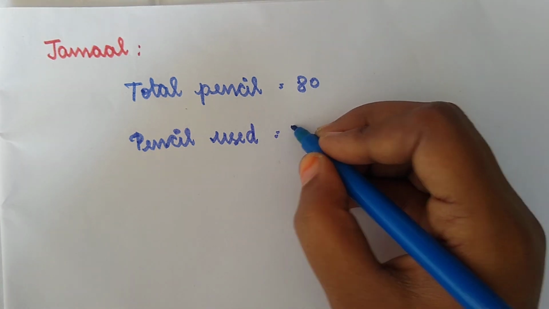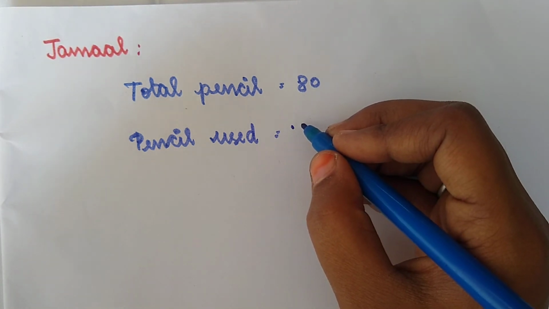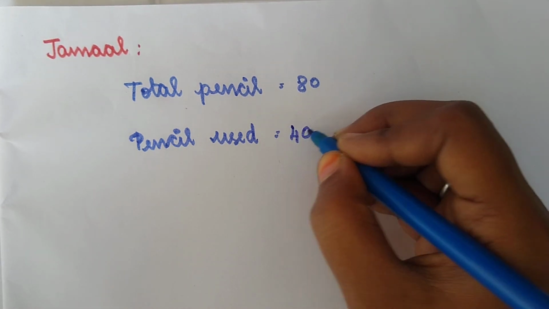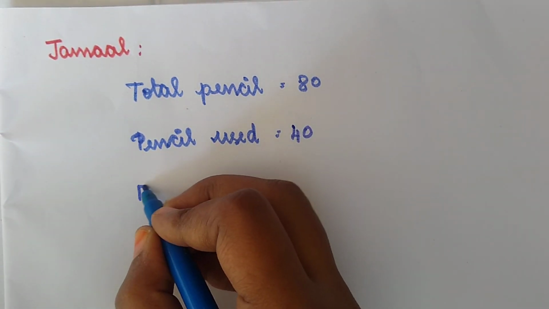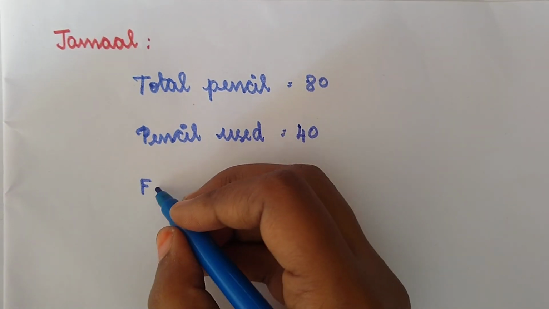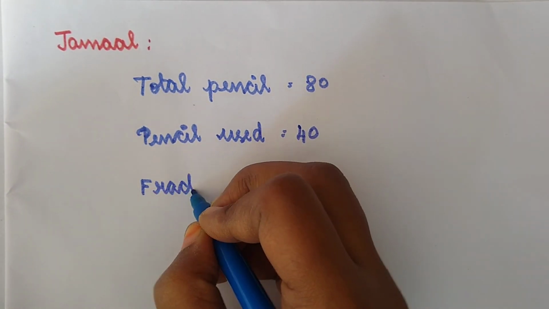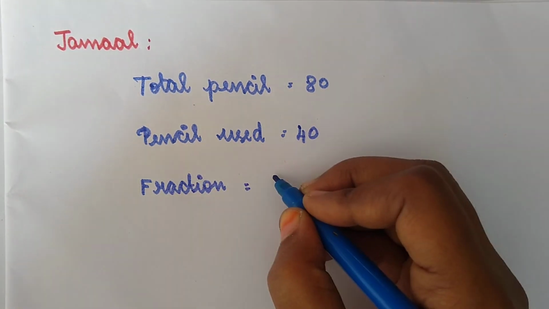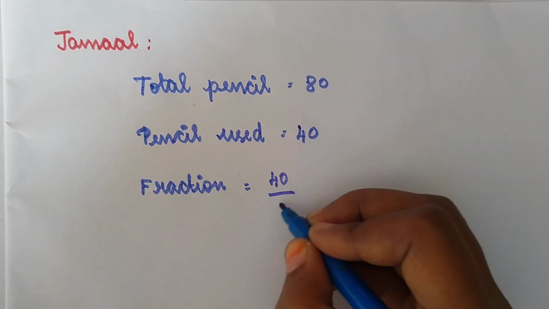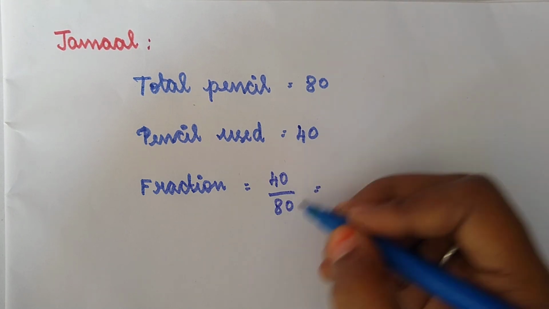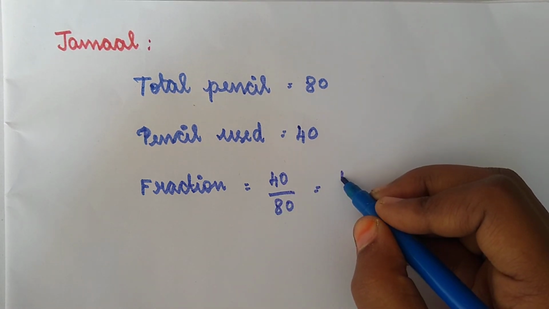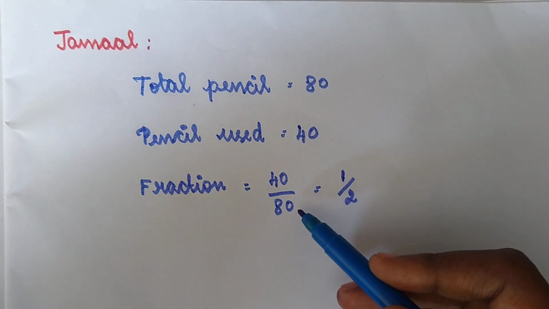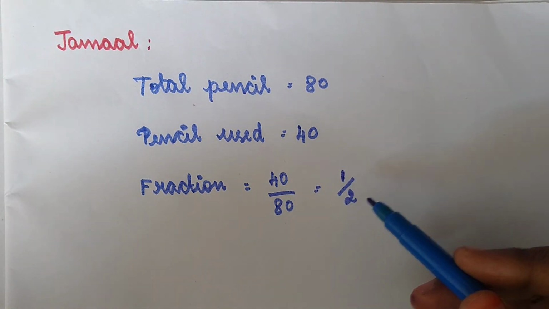He used 40 out of 80 pencils. What is the fraction? The fraction is equal to 40 divided by 80. We have to cancel in the 40 table. We get 1 divided by 2. 1 40 is 40, 2 40s are 80.